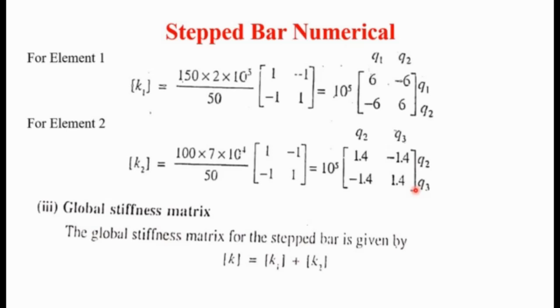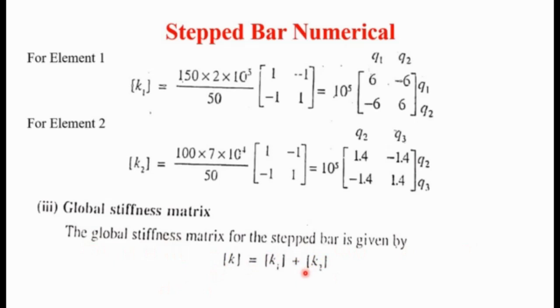After finding the elemental stiffness matrices, we have to find the global stiffness matrix for the entire problem. The global stiffness matrix for this stepped bar is given by K equals K1 plus K2; we have to add the elemental matrices.